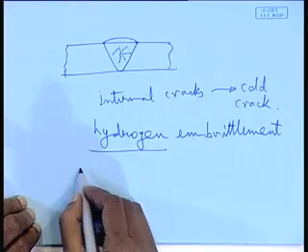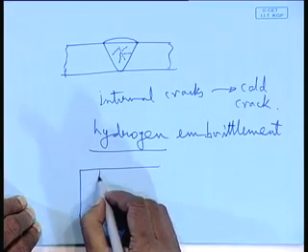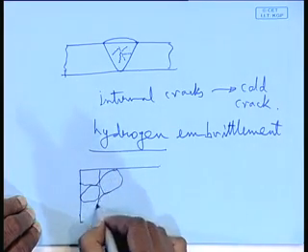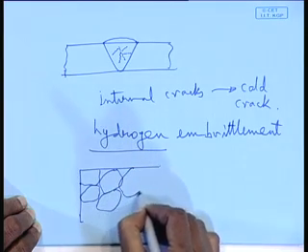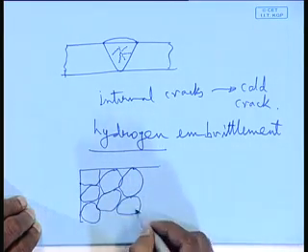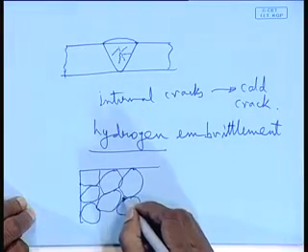What basically happens, if you look into this, once again you go back to the so-called microstructure. If we look into the microstructure, we see somewhat like this. That means, in between the grains there are spaces, some voids.